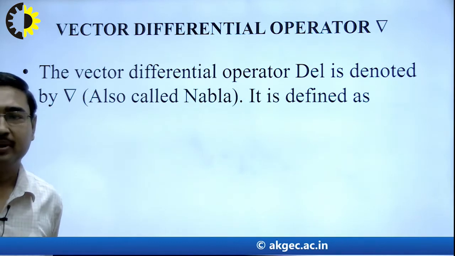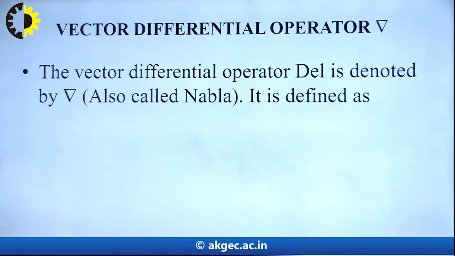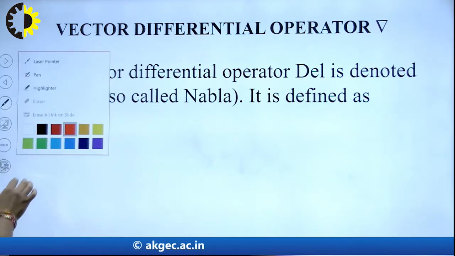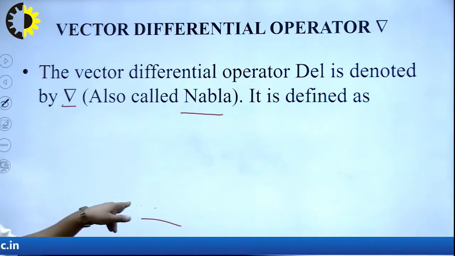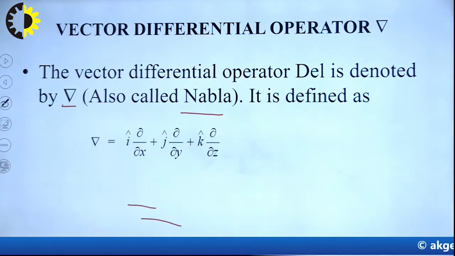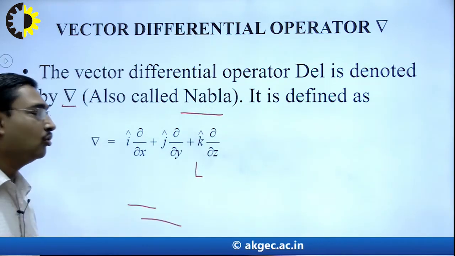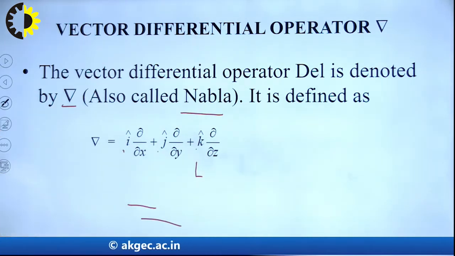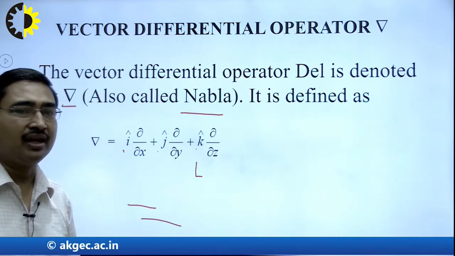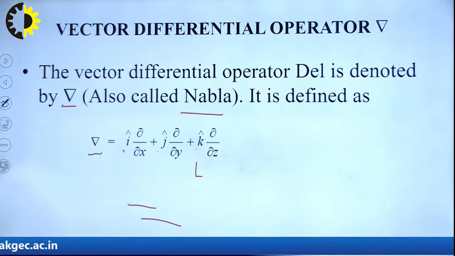The vector differential operator del is denoted by this symbol ∇. This symbol is also termed as nabla and it is defined as del equals i cap ∂/∂x plus j cap ∂/∂y plus k cap ∂/∂z. Here i cap, j cap and k cap are unit vectors in the direction of coordinate axis, and this operator del is clearly a vector differential operator.